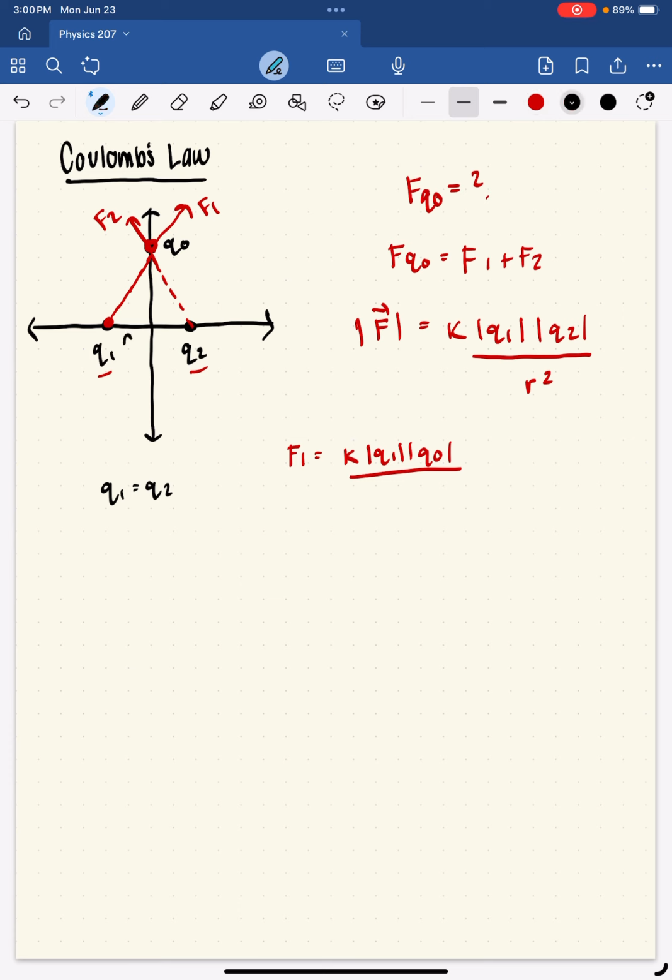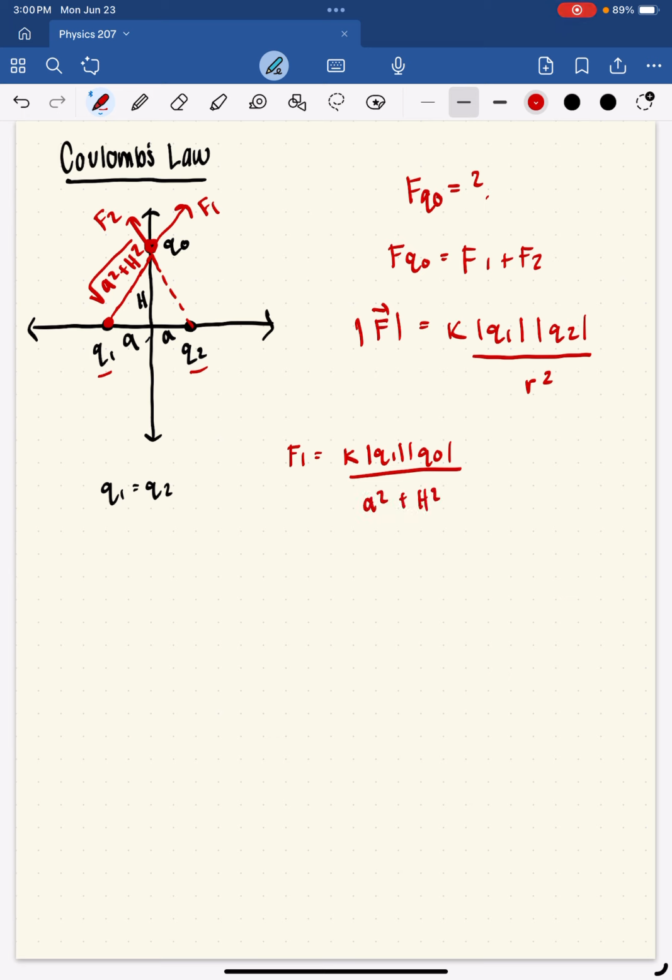And I forgot to write in these variables. So since these are equal distance, it's A and then the height is H. So we know that distance between them is going to be the square root of h squared plus a squared. But since it's squared, we can just write a squared plus h squared.